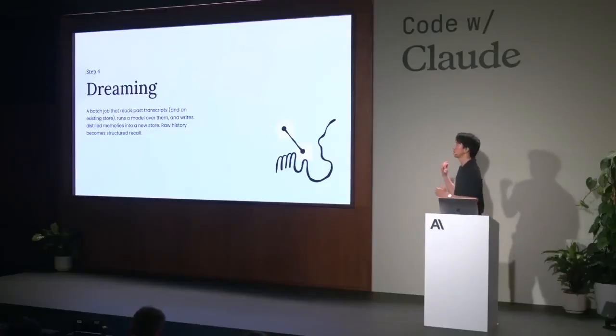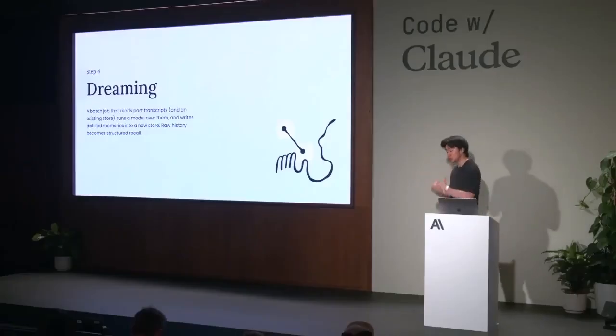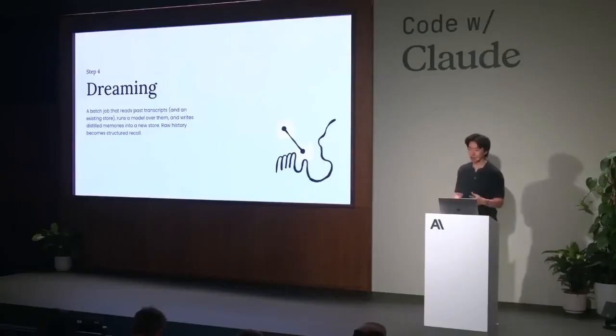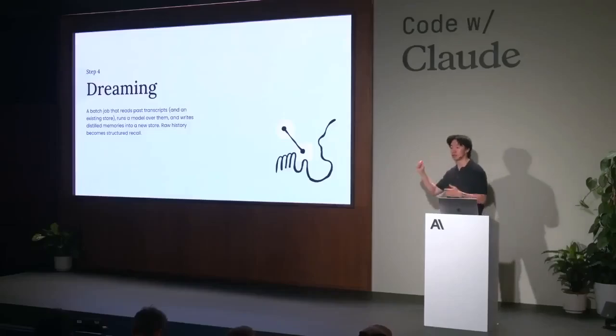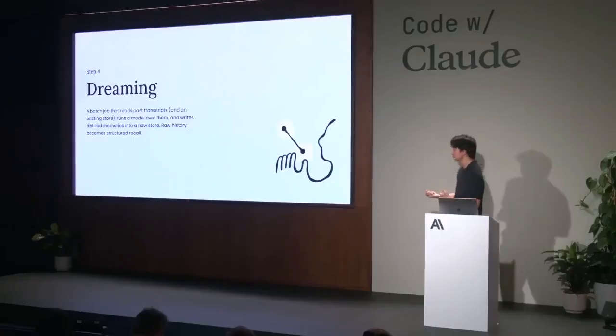It'll look through each one, do fact-checking, enriching with additional details, maybe dates, specific identifiers, and then it will also organize those memory files and see if there are any duplicates, anything that can be fixed, and it'll produce an output memory store such that in the future, when you attach that output to additional sessions, it will hopefully increase efficiency of information retrieval. It also hopefully increases the intelligence of the agent.